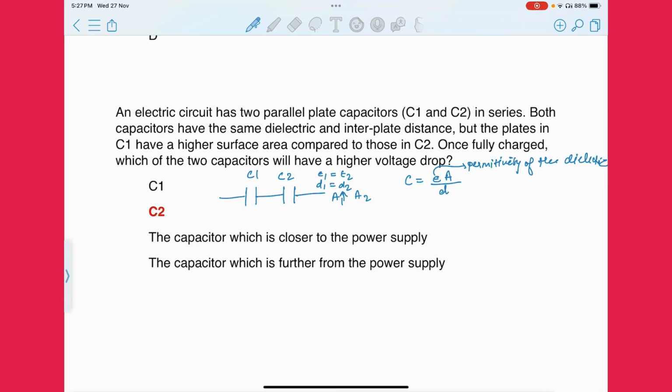So we know that as A1 is greater than A2, C1 will be greater than C2. Now we know the voltage drop is equal to Q upon C. Since C1 is greater than C2, V2 will be greater than V1, so capacitor C2 will have the higher voltage drop.